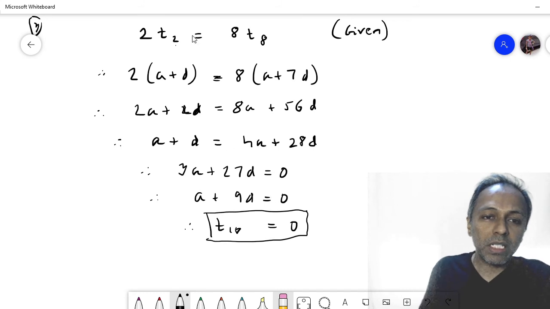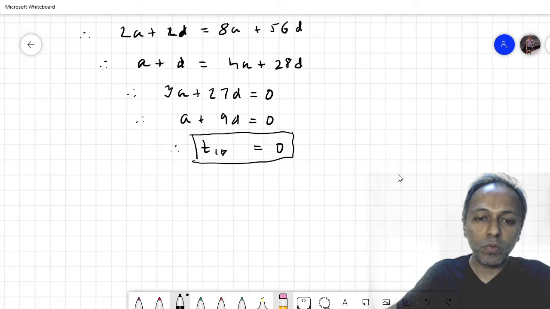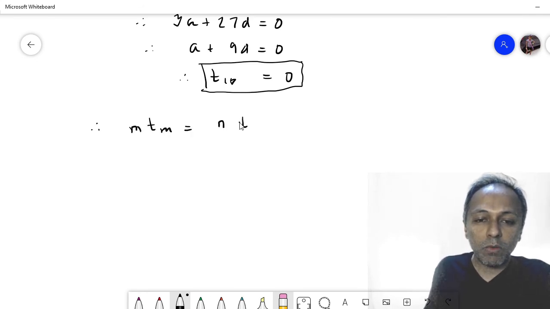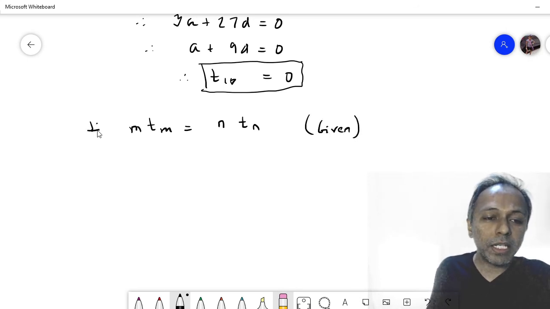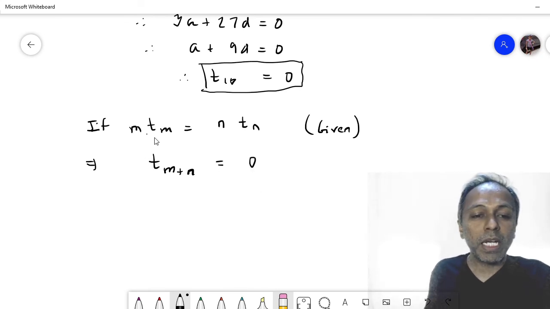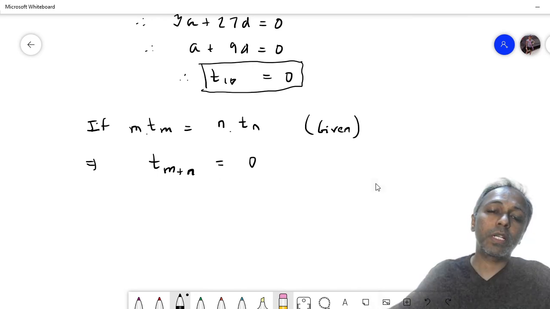Now this 10 is nothing but the addition of these two suffixes. So this leads to one more interesting conclusion. Therefore, if m times tm is equal to n times tn, then it implies that t suffix m plus n is equal to 0. So if m times the mth term is equal to n times the nth term, then tm plus n can become equal to 0.